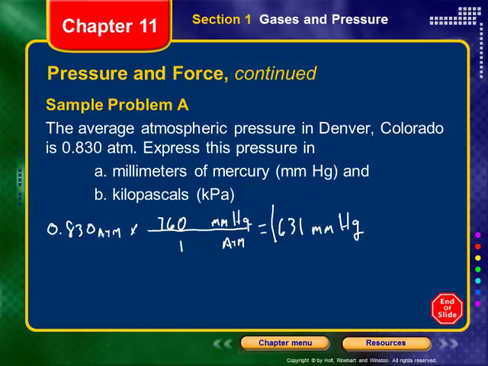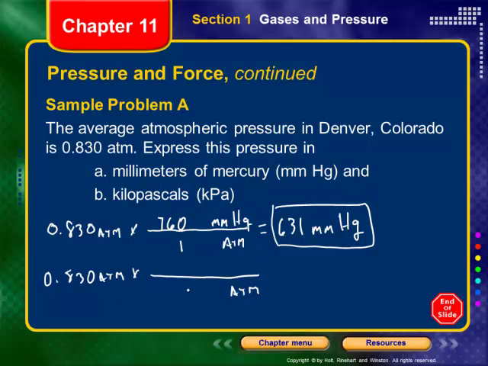The second one is done in a very similar manner. We have 0.830 atmospheres, and in this case we're going to multiply by kilopascals over 1 atmosphere, and there are 101.325 kilopascals in 1 atmosphere.